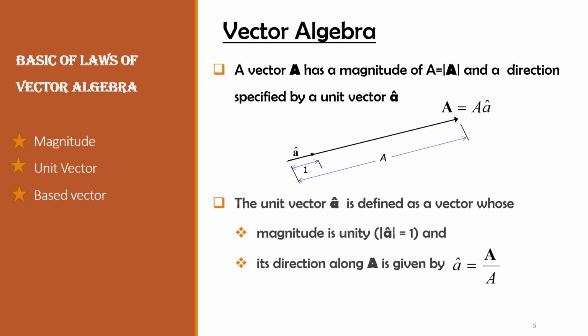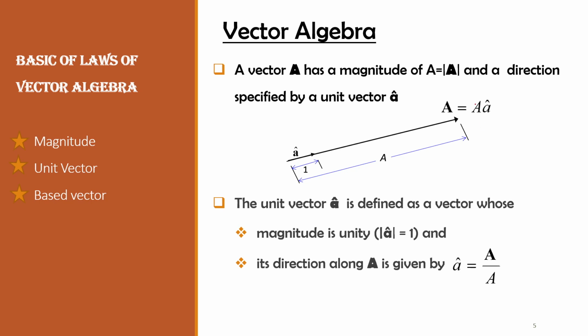So the vector consists of the magnitude, the italic A, and the direction. The unit vector means the magnitude is one unit only, and the direction is pointed by the arrow. So vector A has magnitude A in the direction of unit vector A.